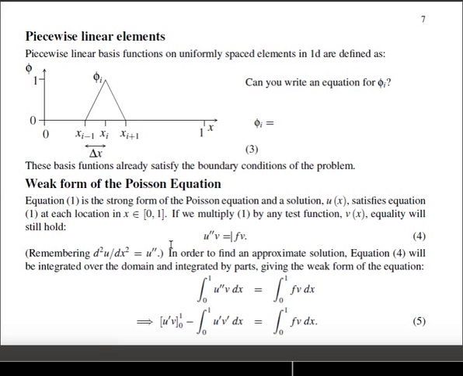And then the weak form means that you don't find a solution that is correct at every point in space. You find a solution that is correct as an integral over space. So in order to find a solution that's correct as an integral, we are going to integrate both sides of this.